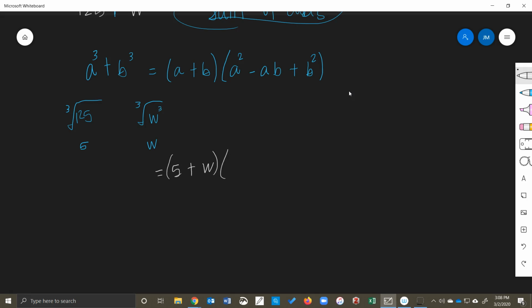Well, a was 5, so 5 squared is 25. And multiply a and b together, so that would be 5 times w is 5w. And on the end, we're going to add the b squared. Well, b was w, so b squared, w squared. And you're done.